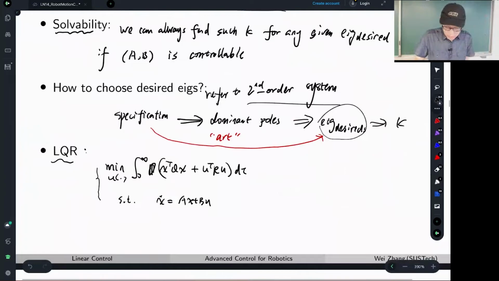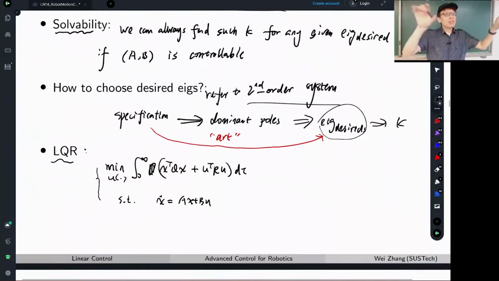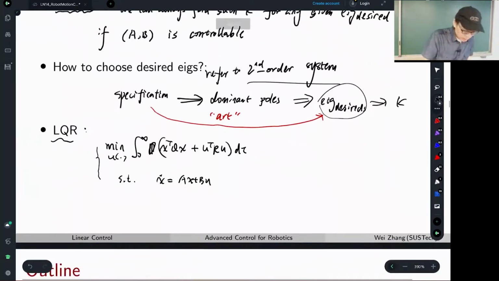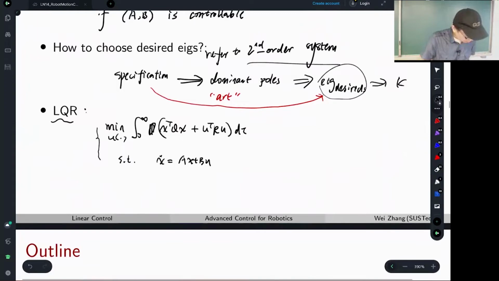I'm not teaching you this, I'm just mentioning this so that you know the whole picture. All these buzzwords, what kind of role they play in terms of the whole picture. But if you want to know the details, you need to read a particular part or maybe some books for a particular part of this whole framework, okay?